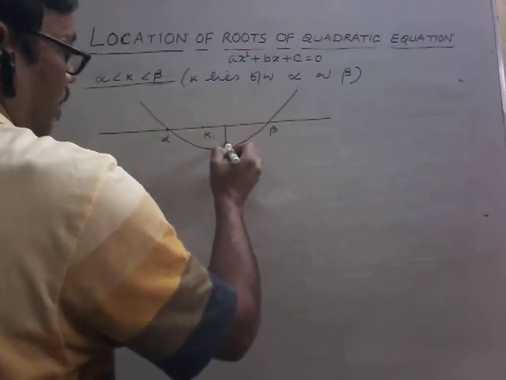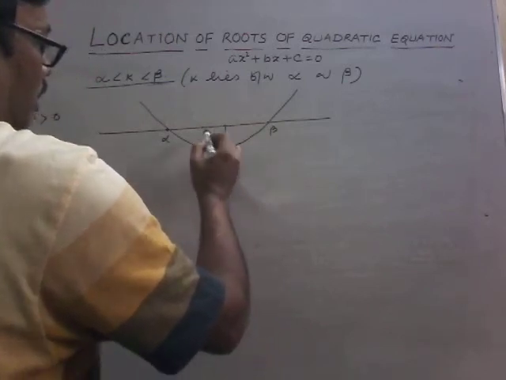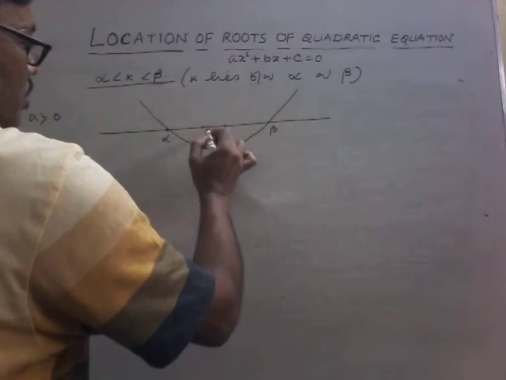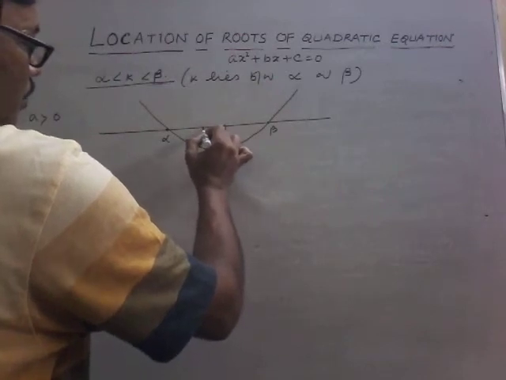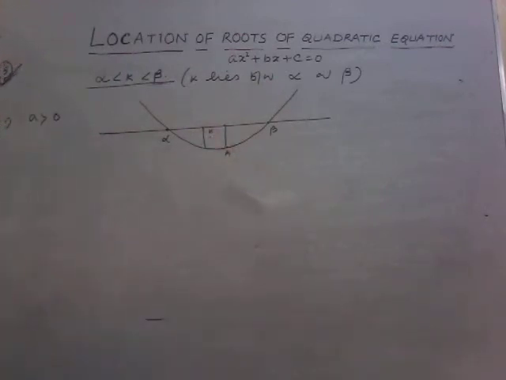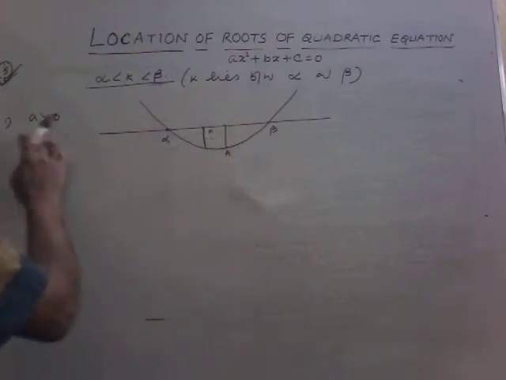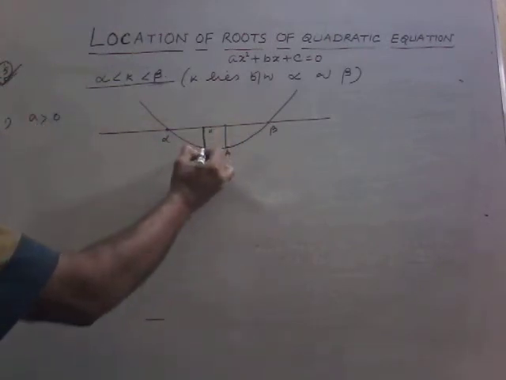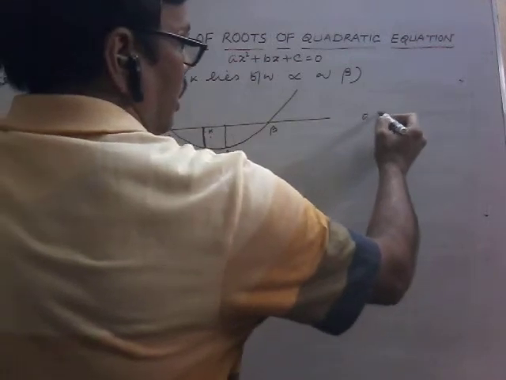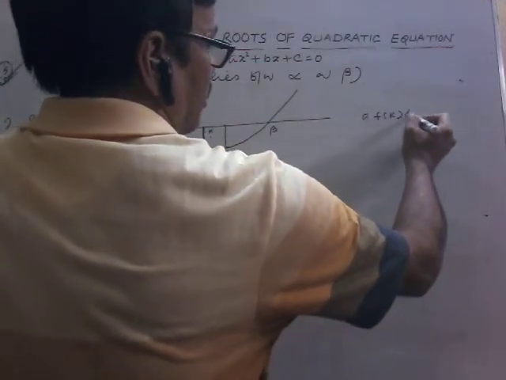This is Fk. So what is our condition? a into Fk. a is positive, Fk is negative. So a into Fk less than 0.